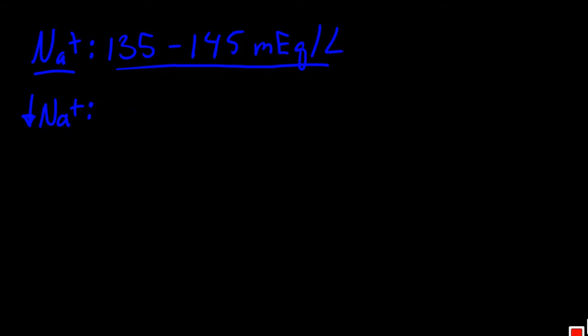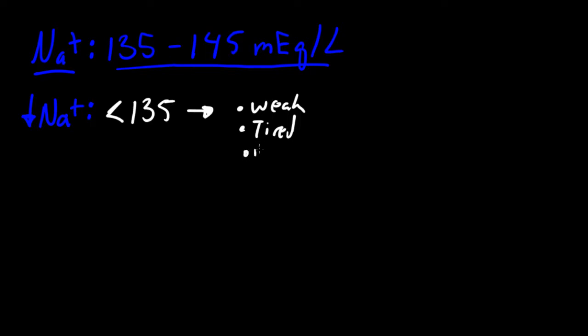All right, we're going to start writing in white so you can see this. We're going to classify this as levels less than 135. In hyponatremia, generally your patient's going to present with weakness. They're going to be tired. They might have some muscle cramping.